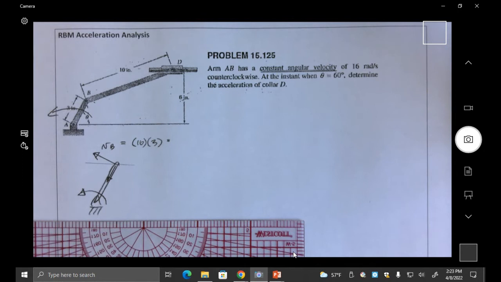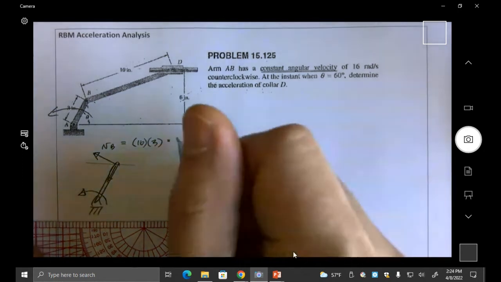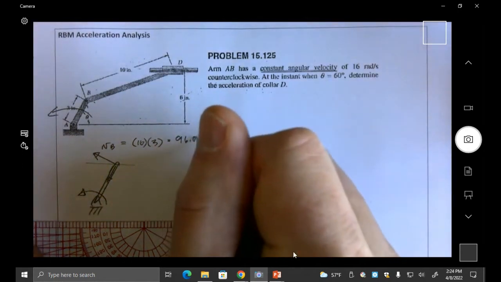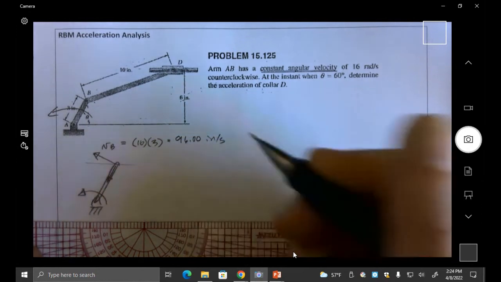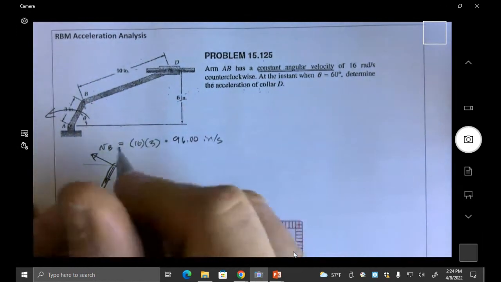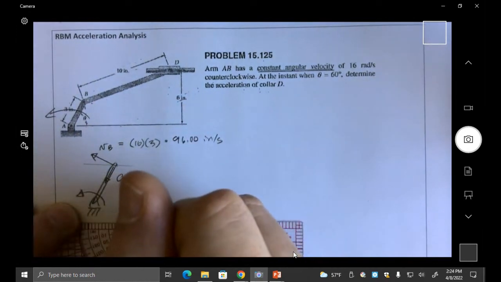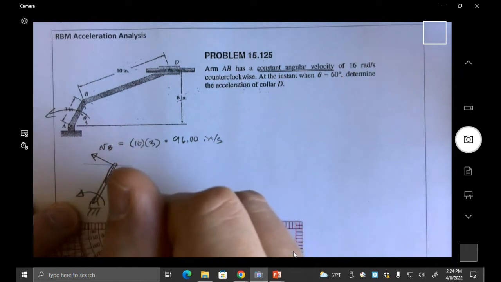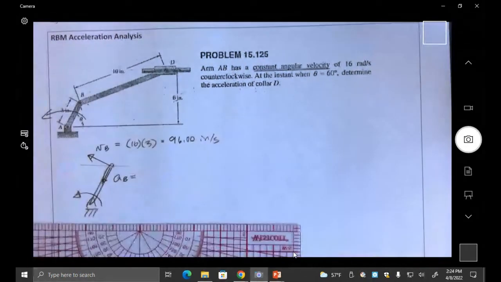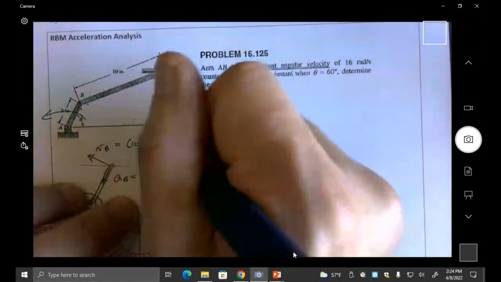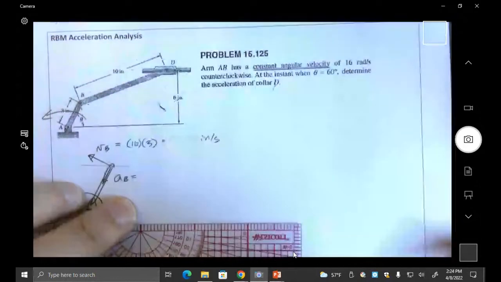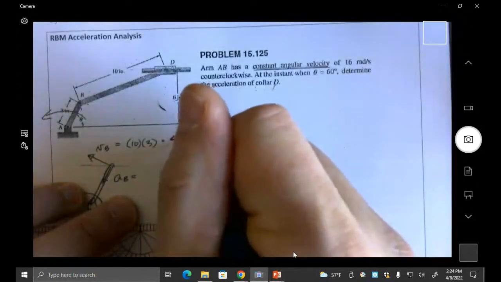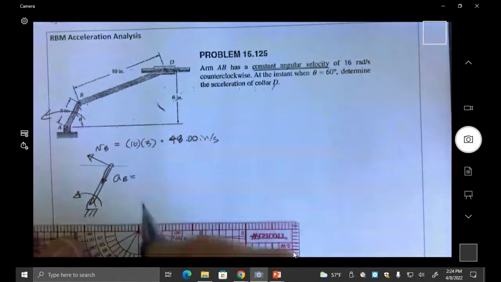So we get 16 times 3, go 96. While we're here, we get the acceleration of B. Excuse me, 48. Sorry, I don't know what I did then. That makes a lot more sense.